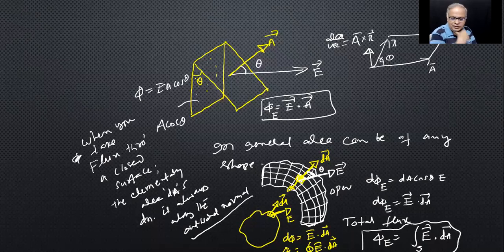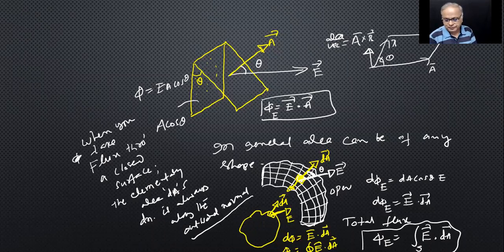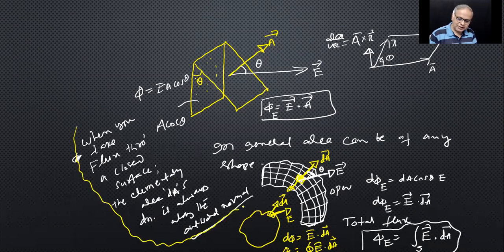All right. Now to understand this thoroughly, I'll show you one or two examples, even before connecting it to Gauss law. Hope everybody followed these main ideas here, simple ideas. For a closed surface, our elementary area's direction is always along the outward normal only.